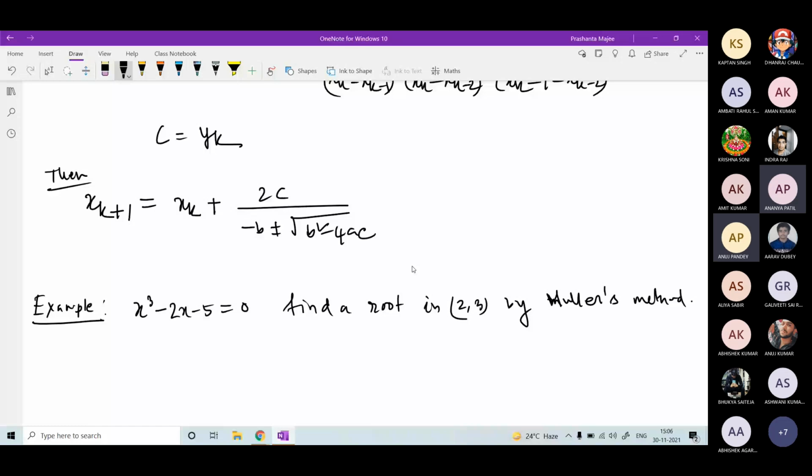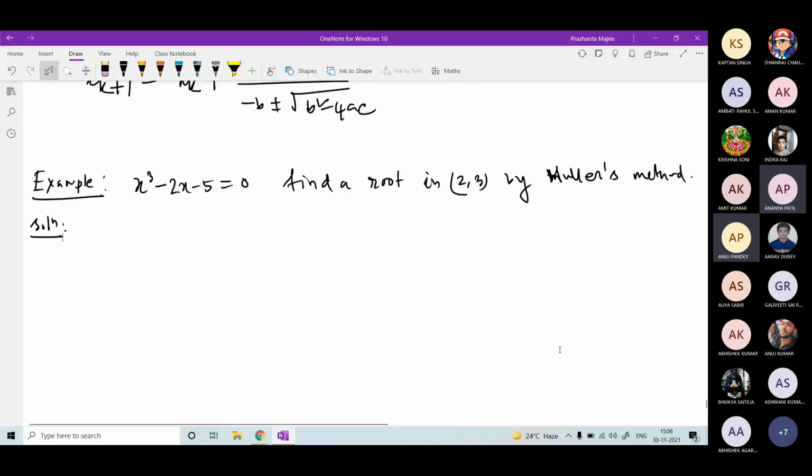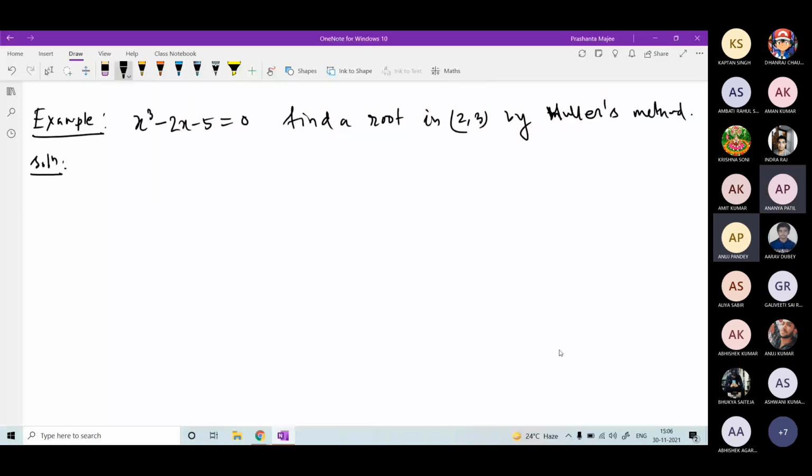So tell me, how should we approach? We need three initial guesses to the root.